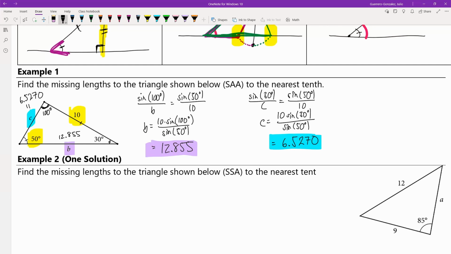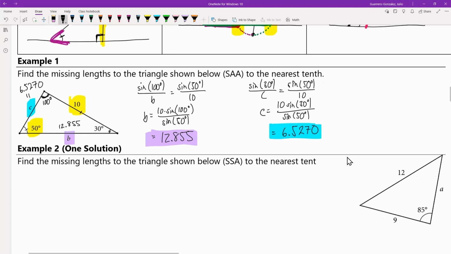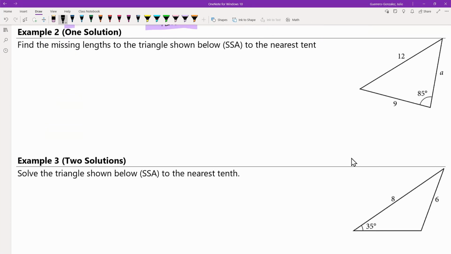Okay. So this is just getting us used to how to use the law of sines to compute the missing stuff for any triangle, whether it be an angle or a side. Okay. Now let's go into whether or not you're going to have one solution, two solutions, or no solutions. So let's go ahead and I'm going to demonstrate the one solution.